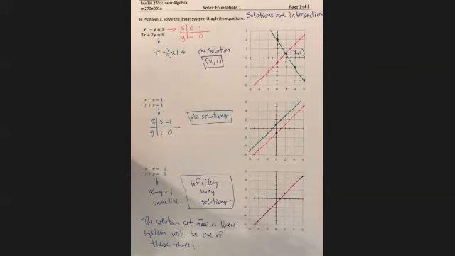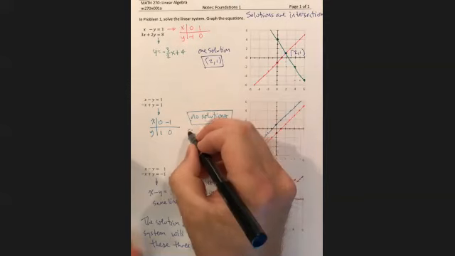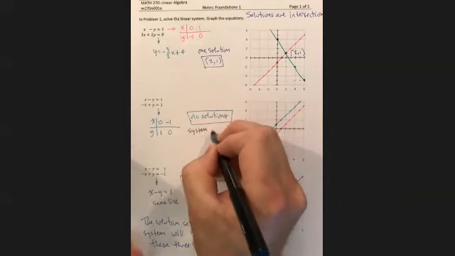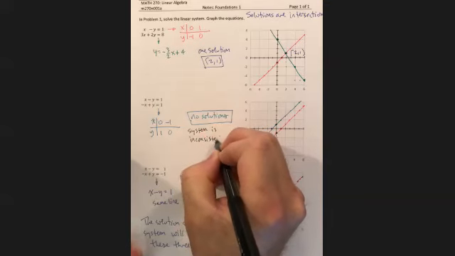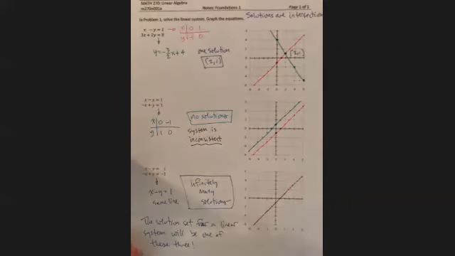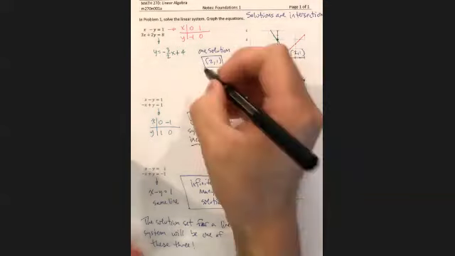So we have words for these things because this is math and we always have words for things. In the case where a linear system has no solutions, we'll say that the system is inconsistent. If the linear system has at least one solution, then we'll say that the system is consistent.